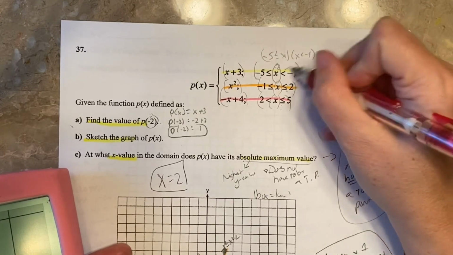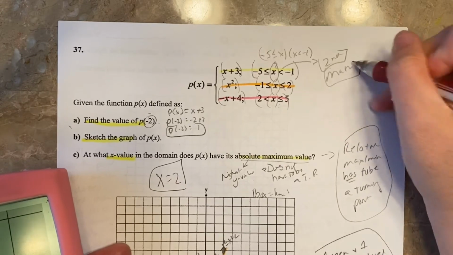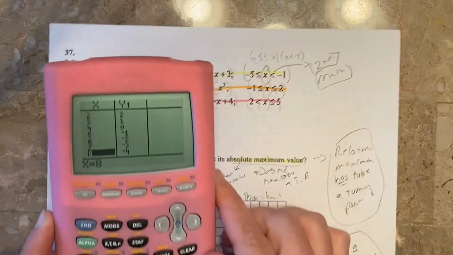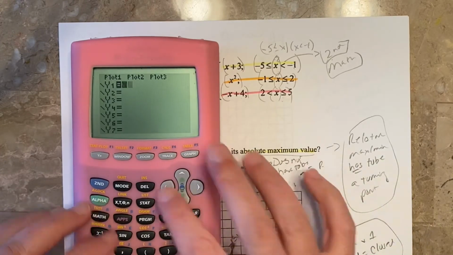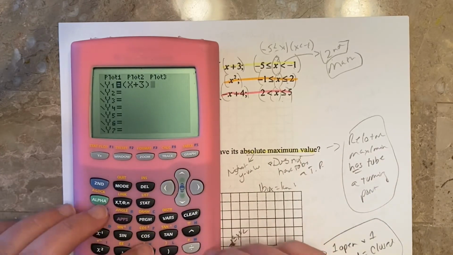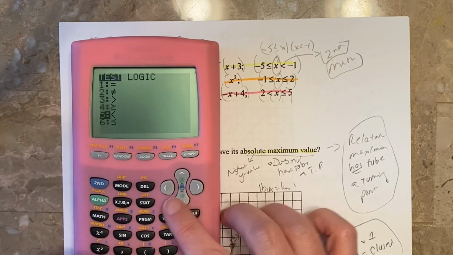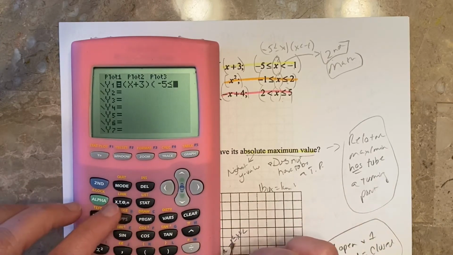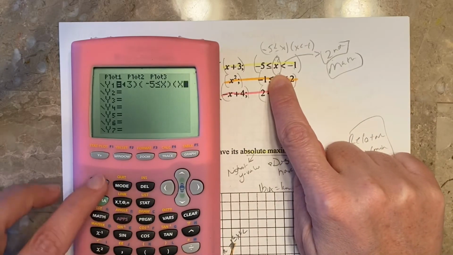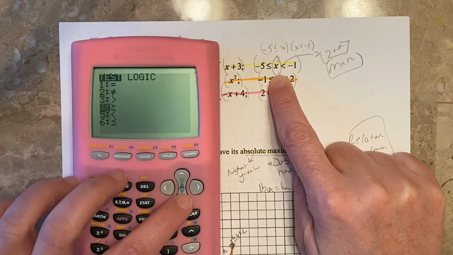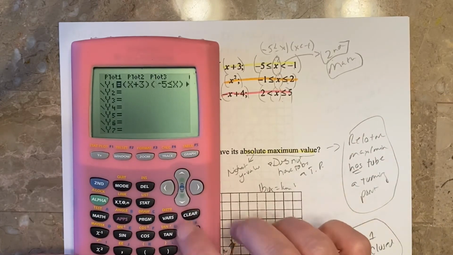To get these symbols, don't forget, you press second and then math. So I'm going to do that for you, as quickly as I can. Open parentheses, x plus 3, and then we have -5, second math, is less than or equal to x, close parentheses, another open parentheses, x, second math, less than -1. Okay, first one's done.